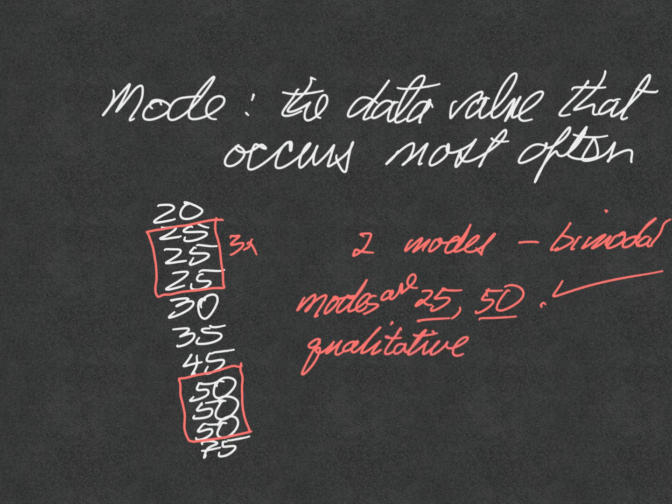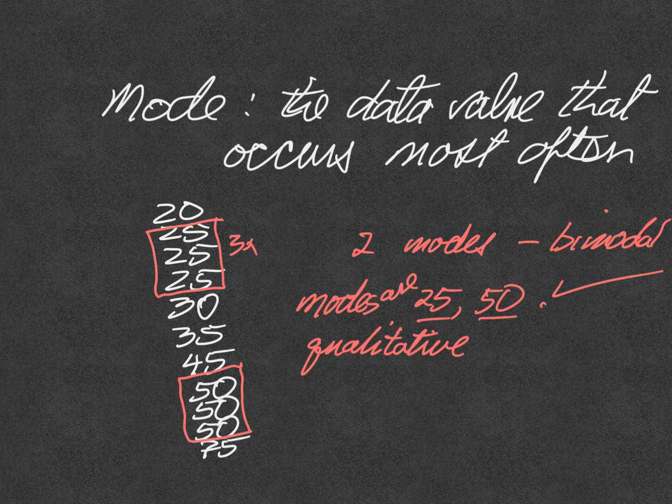In other words, if a particular response to a multiple choice question shows up more than any other, say you have a multiple choice question A, B, C, D, and more people answer C, either because it was correct or they all made the same mistake, that would be considered the mode. So you can do it with qualitative data, whereas the mean and the median are only numerical.